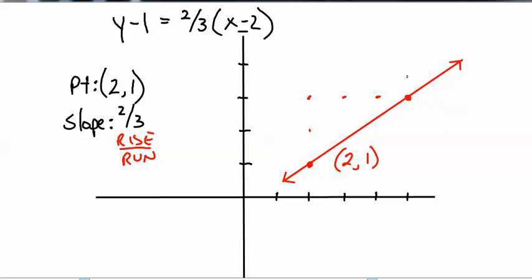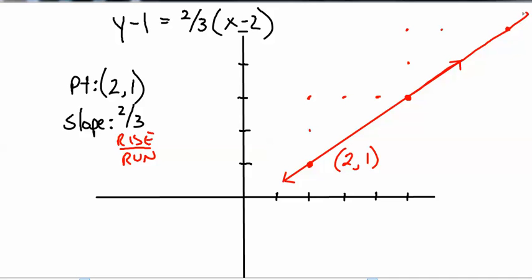And if I had more room, you should really plot 2 points or 3 total. Plot the point that's given from the equation, and then if I rise 2 more and run 1, 2, 3, and if I extended that line, it would go through there, wouldn't it?